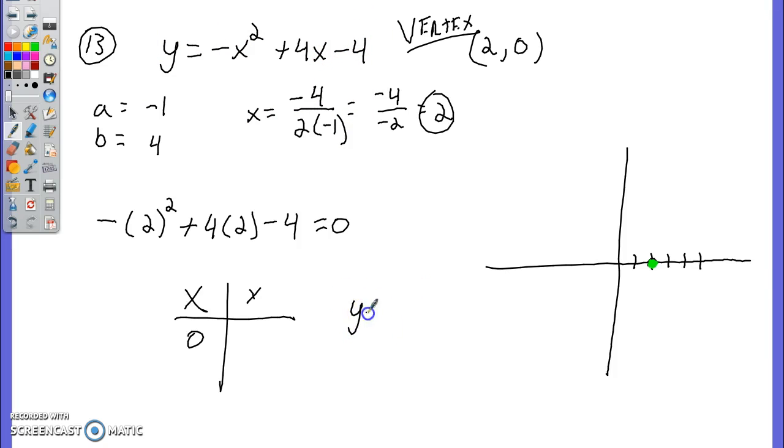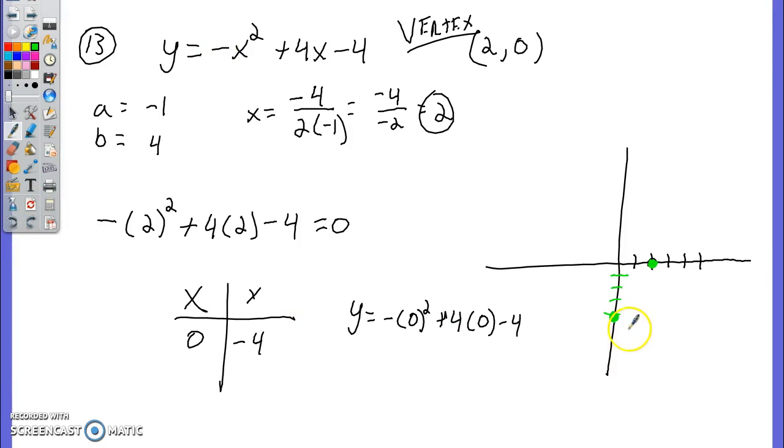So if I have y equals negative, parentheses 0 squared plus 4, parentheses 0 minus 4, and I type that in, again, your answer is going to be -4. So you can plot that down here. When x is 0, y is -4: 1, 2, 3, 4, and put a dot there. And look at the way the shape of the graph is going, right? It's opening down. We should have recognized that because of that negative right there.